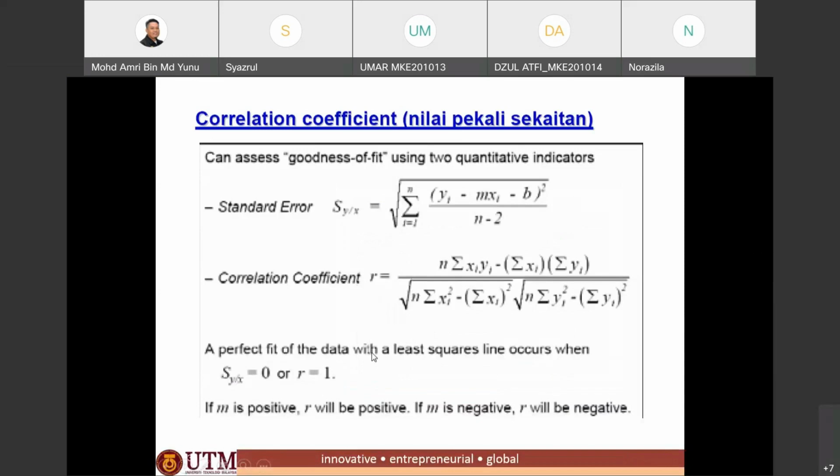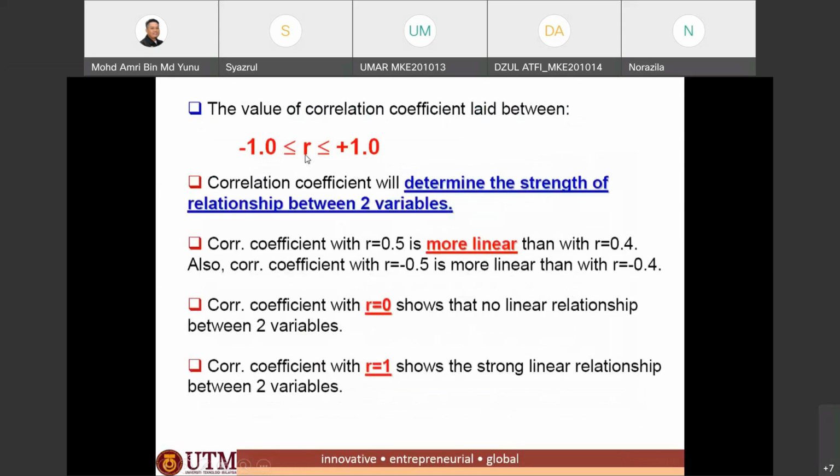So the correlation coefficient is basically for the trend line, showing you the quality of the perfect fit of the data. Okay, if it is close to 1 or negative 1 means that the data is perfectly linear. Okay, but less than that is not linear.